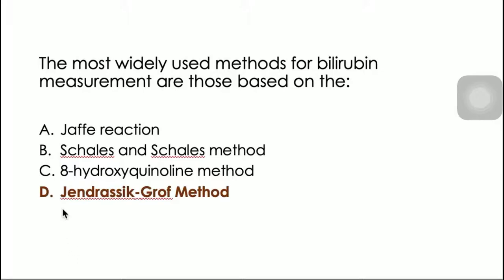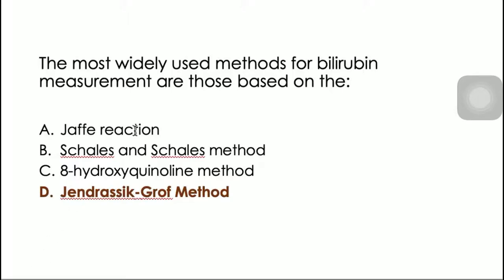Jendrassik-Grof, aside from containing the accelerator caffeine sodium benzoate, also contains alkaline tartrate, which is important to provide alkalinity. We have ascorbic acid, which terminates the excess reaction by neutralizing the excess diazo reagent. The Jaffe, as we can recall from our discussion in NPNs, is part of creatinine analysis, the alkaline picrate to produce the red-orange tautomer.